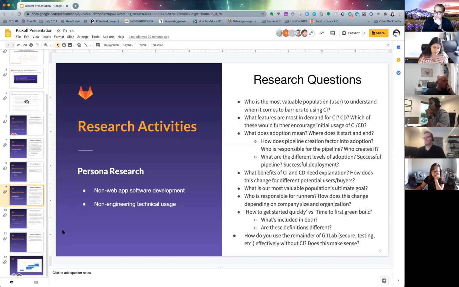We'll have to dive into defining what is a non-app software developer. Is it just them? Do we also need to look at the DevOps people who work in these spaces? Are there DevOps people who work in these spaces? These are our two big buckets that we want to start with, and then we'll probably refine down from there what that actually looks like, so we can start to recruit them and talk with them.